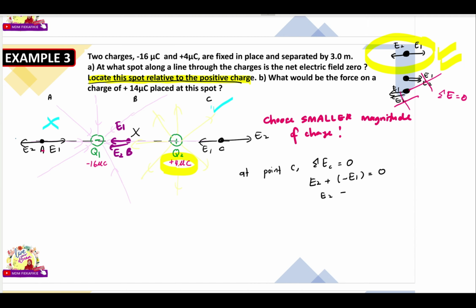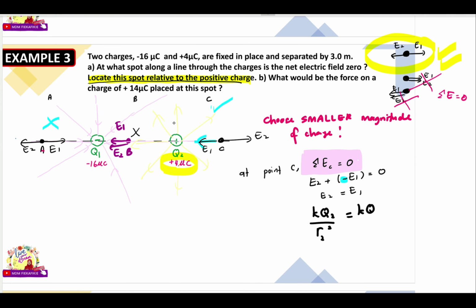So, dia akan jadi E2 equal to E1. Okay, so ini yang kita kena mula dulu. Okay, dan yang paling penting lagi satu, ini. Tengok direction dia to the left, so ini adalah negatif. Okay, so sekarang kita masukkan dalam kita punya equation. Okay, electric field equation dia adalah KQ, so E2 due to second charge over R2 squared.